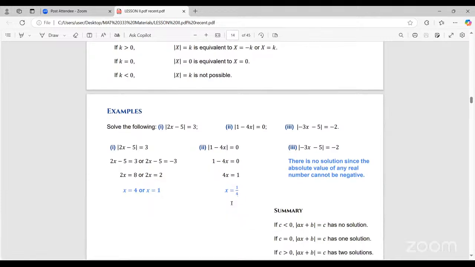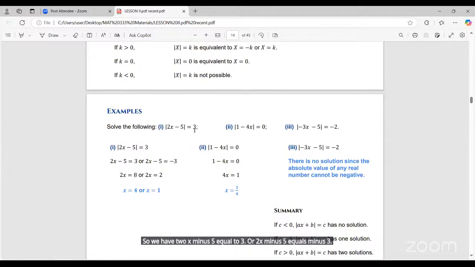Okay, let's look at the example. Solve the following. The absolute value of 2x minus 5 equal to 3. Remember, in this example, our absolute value of 2x minus 5 is equal to a positive number 3. So we have 2x minus 5 equal to 3, or 2x minus 5 equal to minus 3.